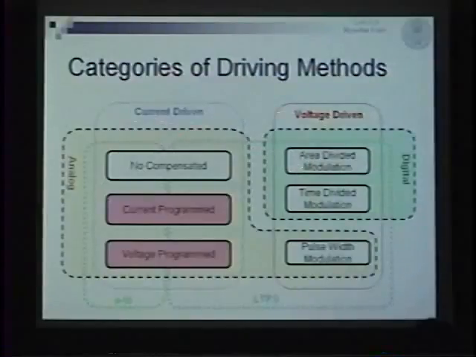It is mainly divided into two categories: one is analog, and the other is digital. And there are area-divided and time-divided modulation methods. Those are digital driving methods, and this method is categorized into the voltage-driven method.